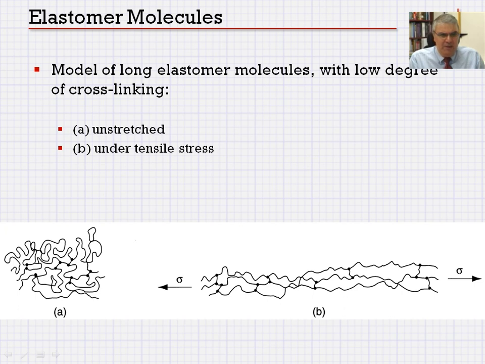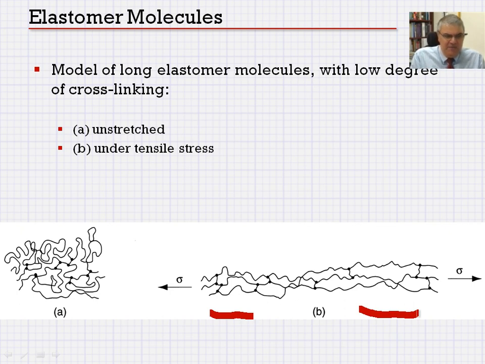An example of the molecules is shown down here in the unstretched form, exhibit A at the bottom left of the screen. When we stretch them or apply a stress sigma to it, as shown by two arrows on exhibit B, the chain-like molecules really get stretched and take the form that you see down here.